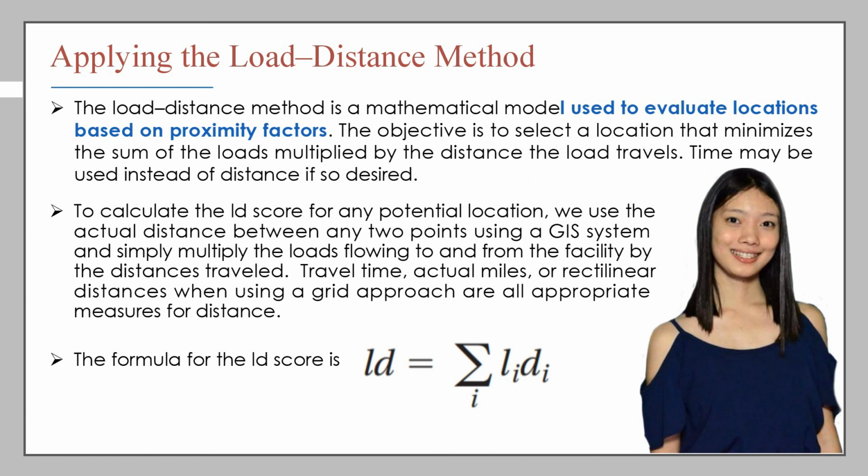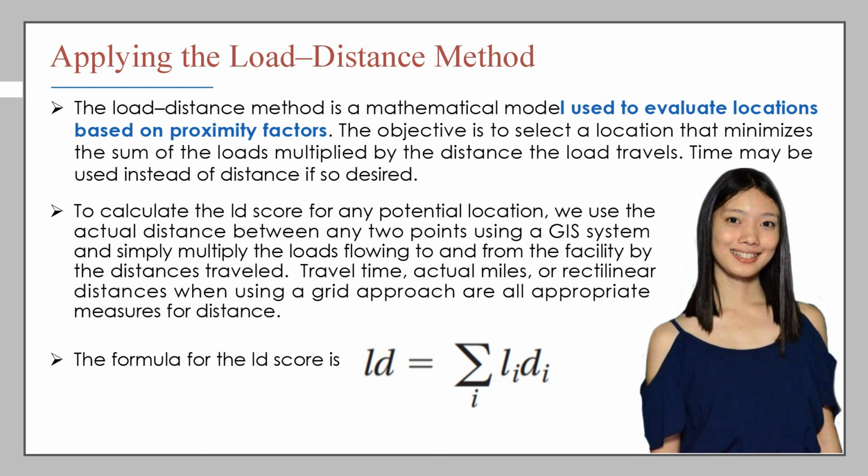The firm seeks to minimize its load distance score generally by choosing a location that ensures loads go short distances. To calculate the load distance score for any potential location, we use the actual distance between any 2 points using the GIS system and simply multiply the loads flowing to and from the facility by the distance traveled.